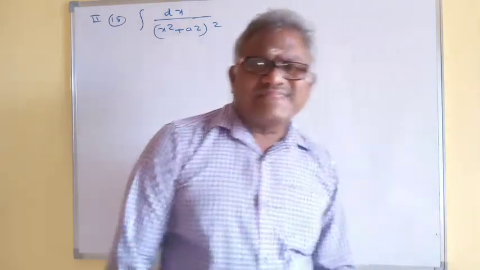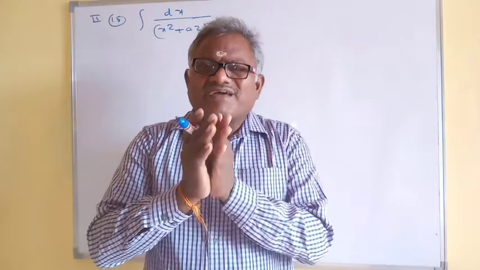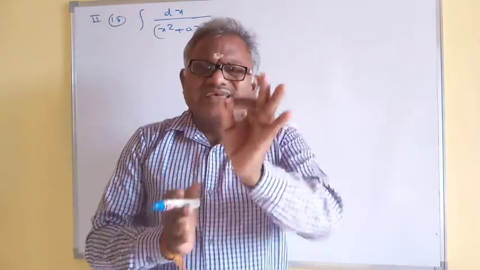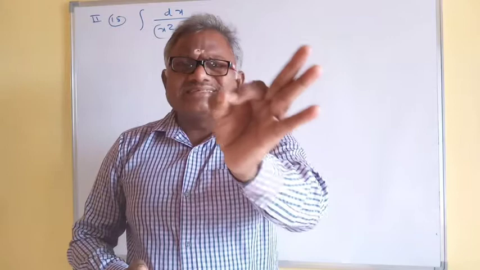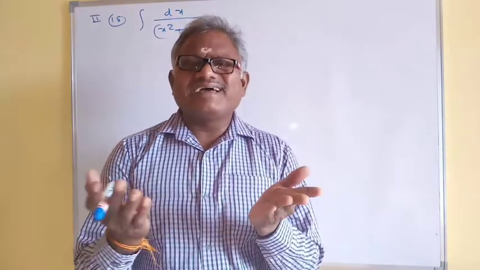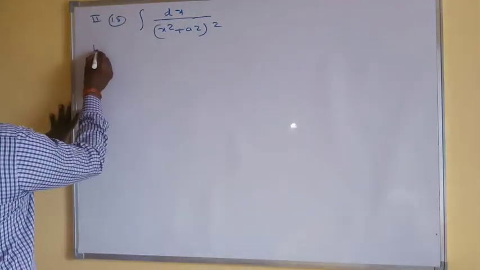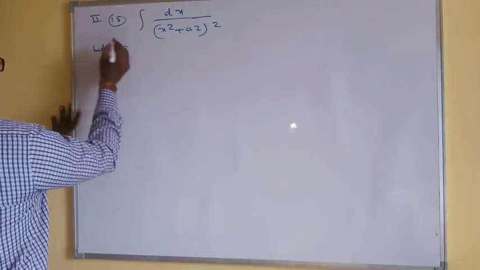You see, whenever a square plus x square is there, simply you have to put x is equal to a tan theta. Simple. So here let I is equal to, solution.